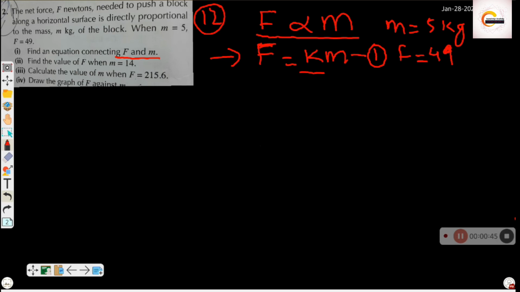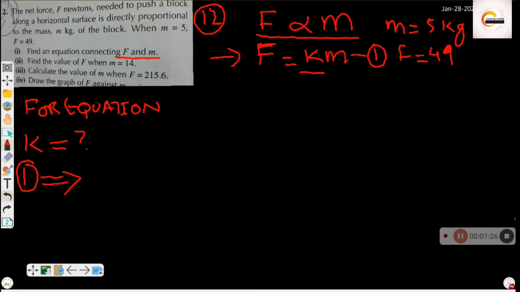Now, two values are given to us, and if we find the value of k, the constant, we can easily find the equation connecting these two variables. So first for k, using our equation 1.